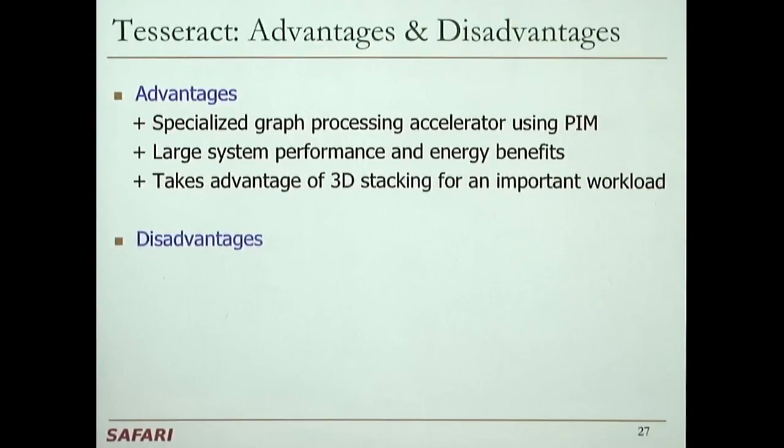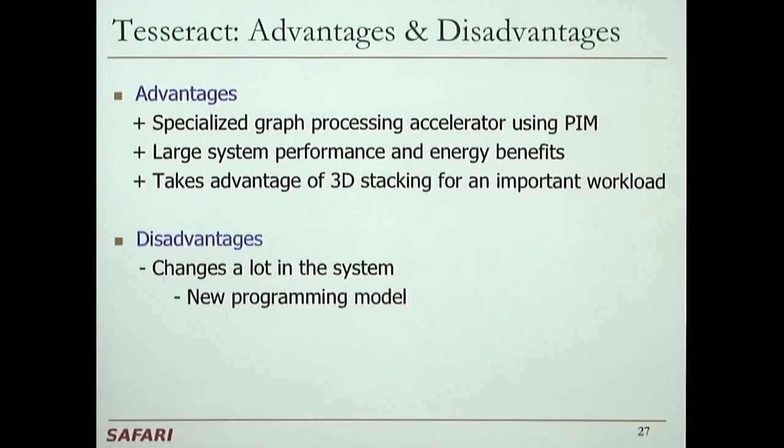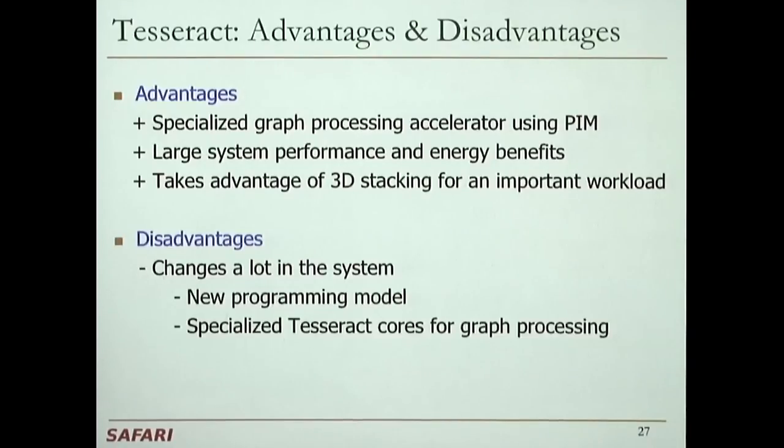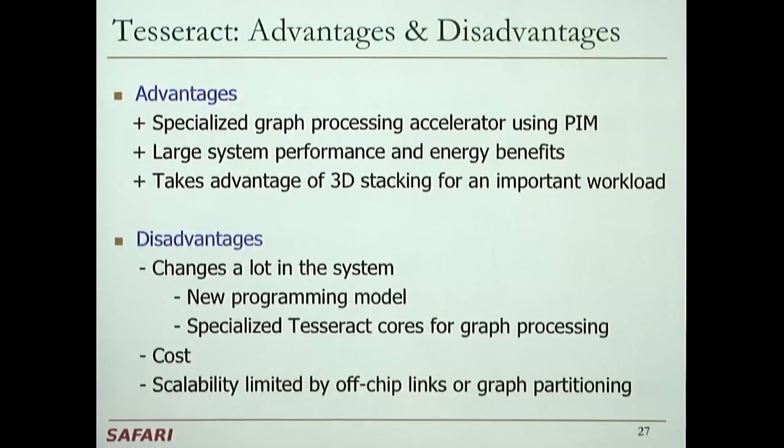So the disadvantage is, clearly, you change a lot in the system, right? It's not going to happen overnight, because you have a new programming model, and you need specialized cores for graph processing now. It's still in-order cores, but we have these specialization mechanisms, as you saw. As a result, it has a lot of cost, and as we've discussed, scalability is limited by the off-chip links. Right?